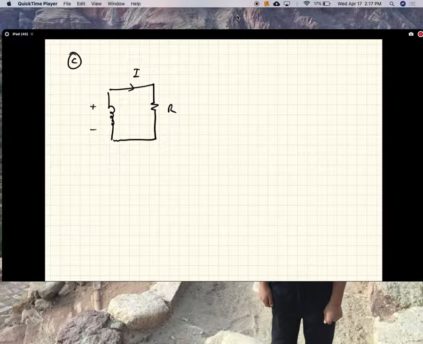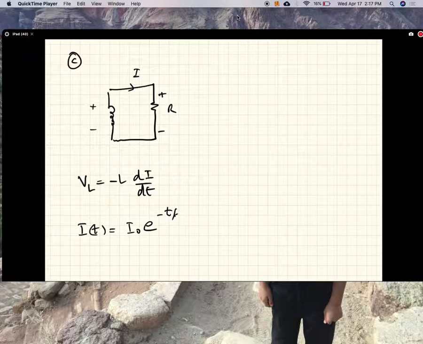I have already written down the signs for this. So this is higher voltage, this is higher voltage, this is lower voltage. Now the voltage across L is L di by dt, minus L di by dt, and I(t) is I naught e to the power of minus t by tau.